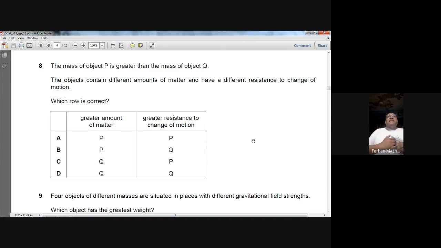So P has greater mass, so it will have a greater amount of matter in it, and it will have greater inertia, meaning greater resistance to change of motion. So A is the option for question number 8. I hope you have understood it.